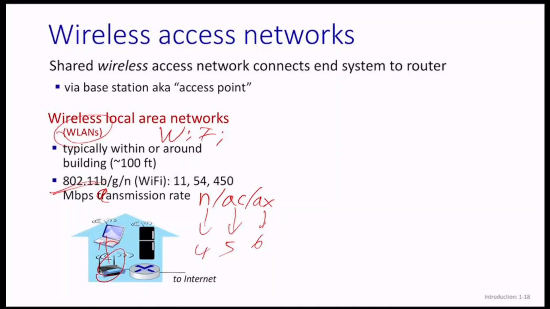For Wi-Fi, currently we can choose two different frequencies. Most of the time we use 2.4 gigahertz, and sometimes we use 5 gigahertz.